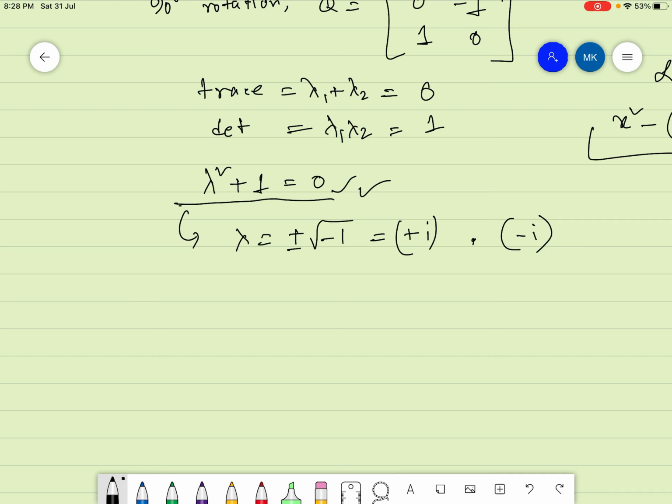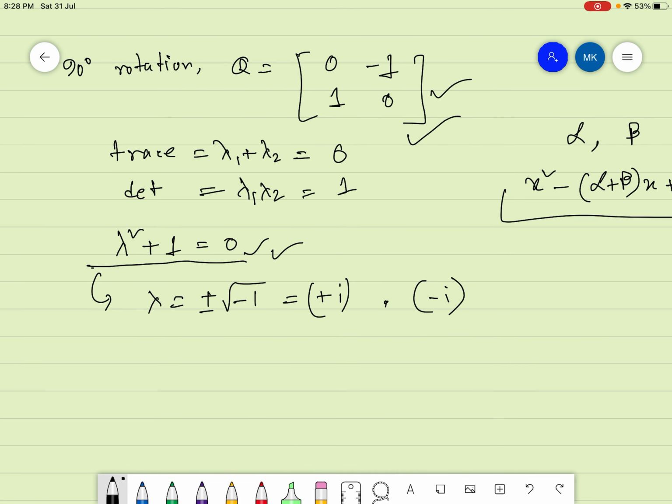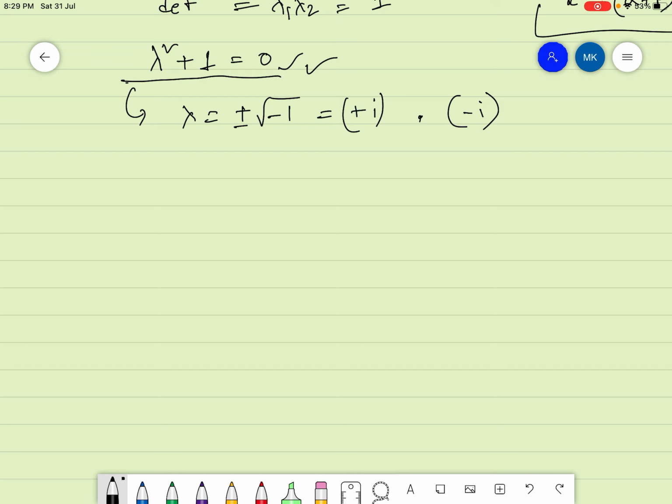It is very intuitive. After you rotate a vector with the rotation matrix, the vector cannot be on its own span anymore, unless you're in an imaginary space, right? After the rotation matrix, no vector can be on its own span. Only in some imaginary space can you reverse the rotation and get back the initial vector.